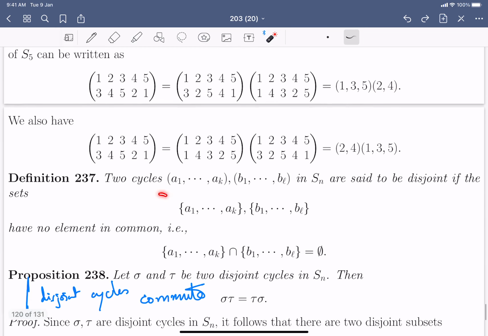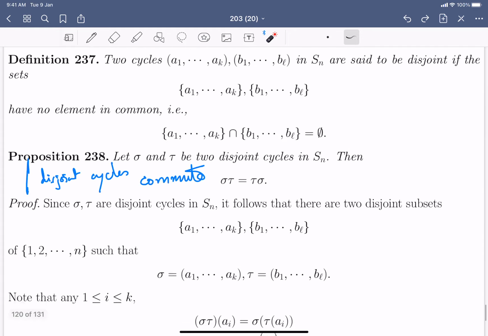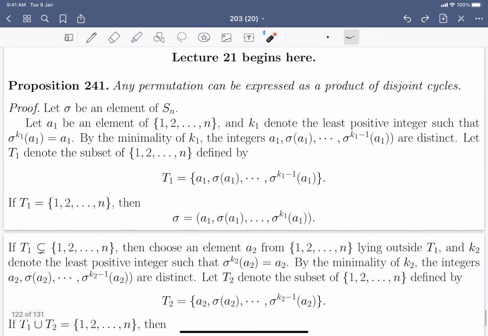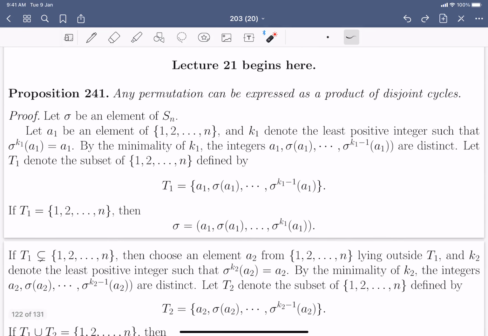Recall that if we have two cycles (a1 ... ak) and (b1 ... bl), they are said to be disjoint if the two sets {a1, ..., ak} and {b1, ..., bl} are disjoint. So we are trying to show that any permutation can be expressed as a product of disjoint cycles.